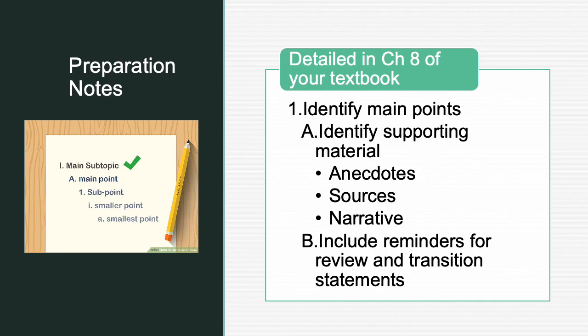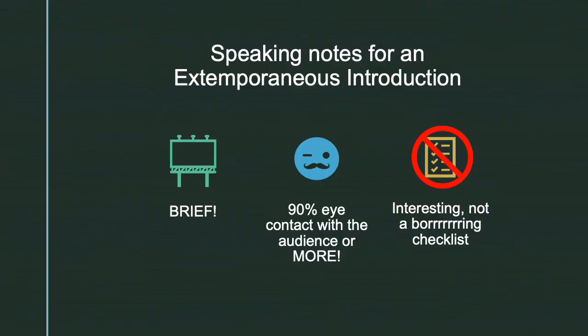Instead, you're going to transform those preparation notes. When we're talking about speaking notes for an extemporaneous introduction, they must be exceptionally brief because you want to make 90% eye contact with your audience, and they should be interesting, never ever a boring checklist. So what does this mean? Think about your introduction.